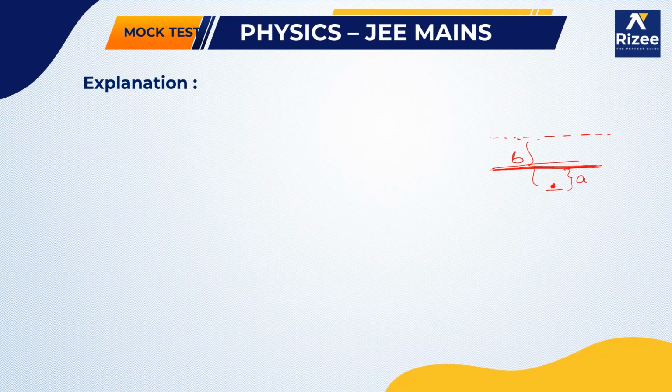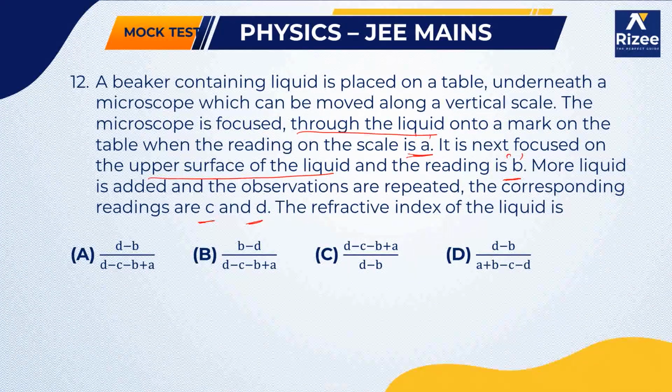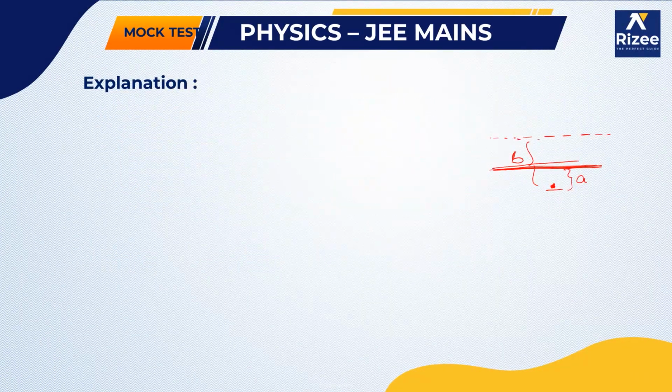So how can you determine what he is asking in the question? He is asking for the refractive index. So how do we calculate the refractive index? It can be calculated using mu is equal to real depth by apparent depth.